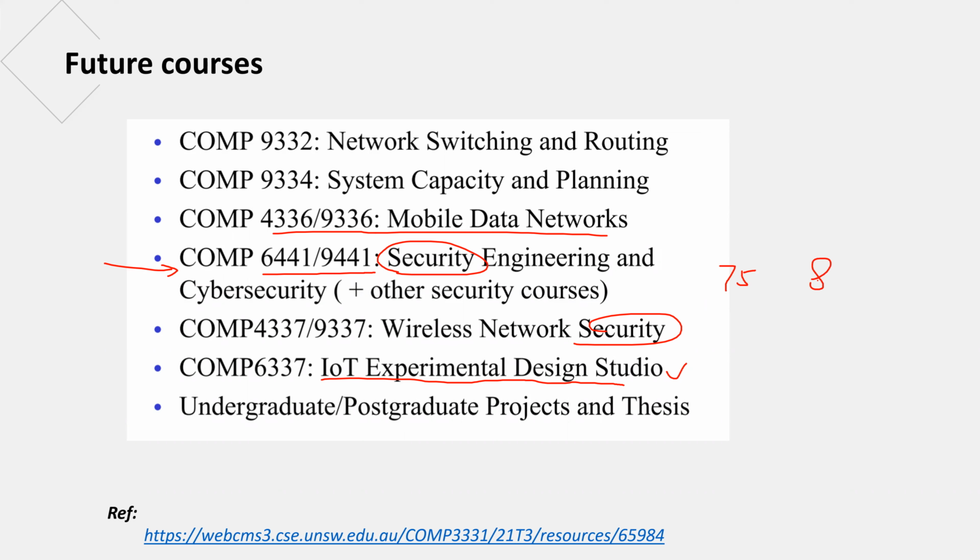But it's really hard to get an HD, 85, for the security course, because it is not only the coding stuff, but also the report writing, right? Security is always a combination of presentation and programming.